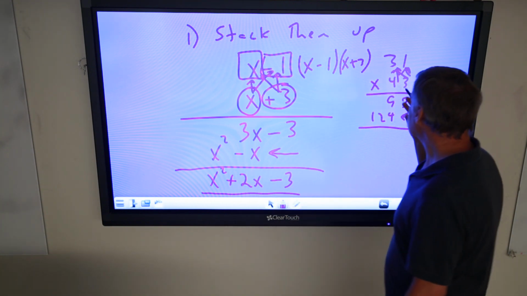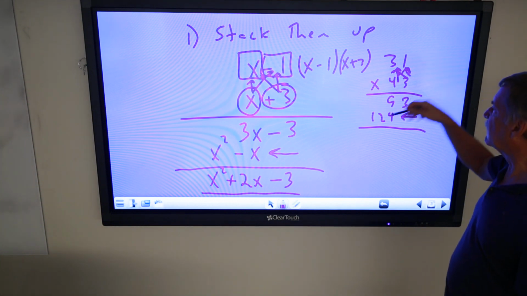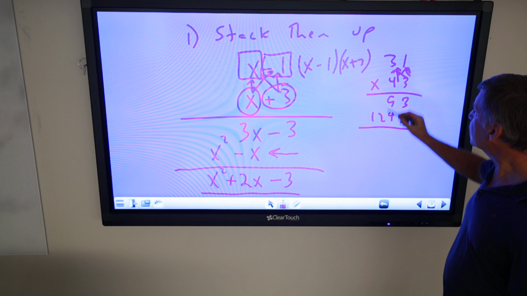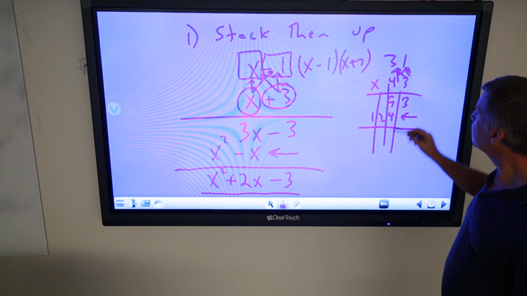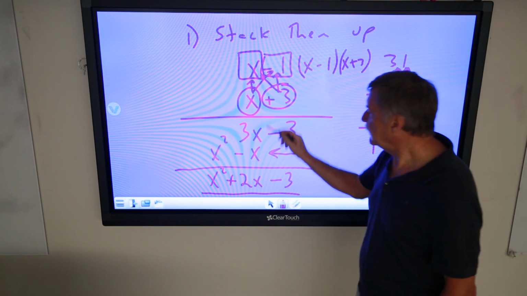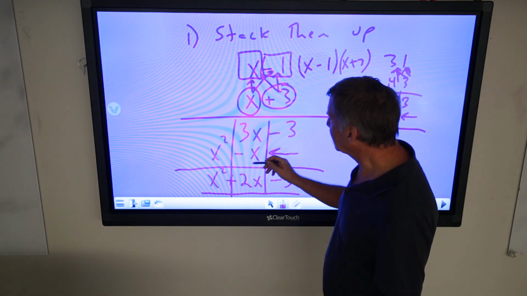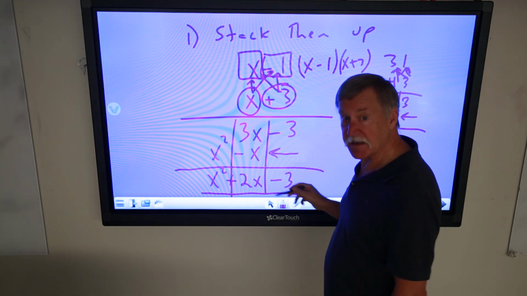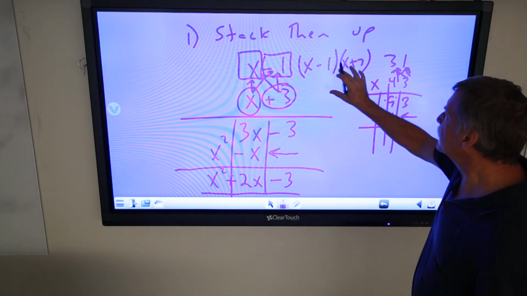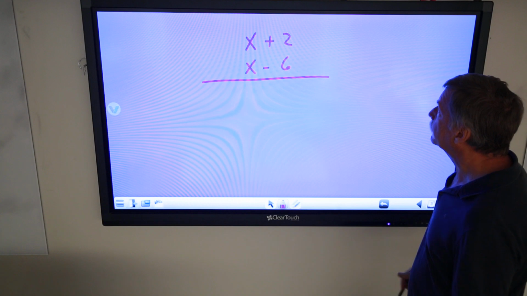All right? Just like here, exactly the same way. I'm just doing the same things. And notice that here I'm keeping the digits in the same place value. Here, I'm keeping the like terms in the same column so that I can combine. Very similar to this with numbers, all right?